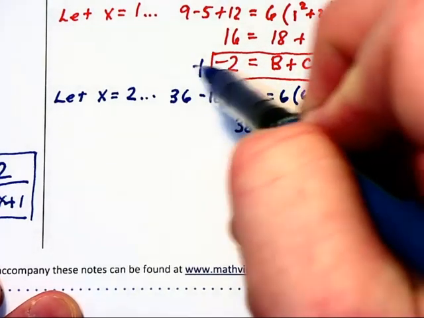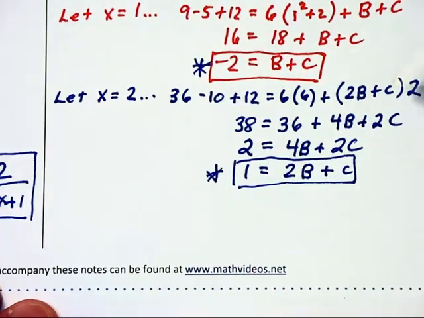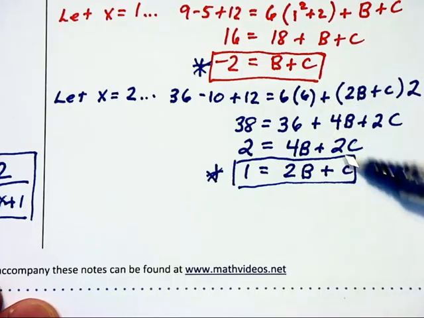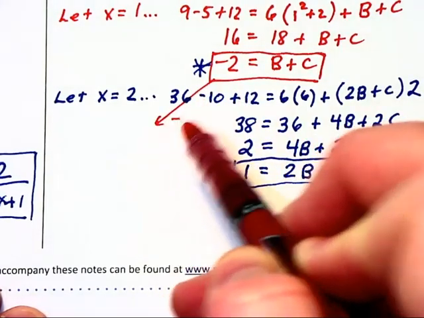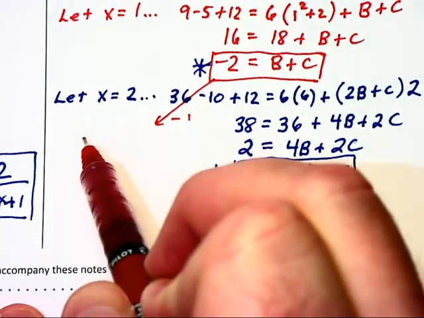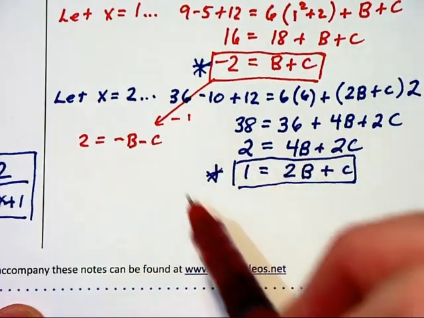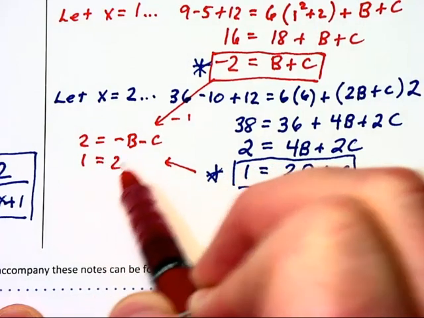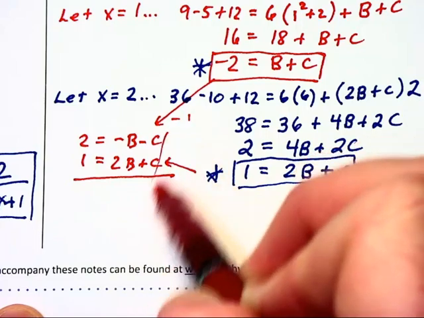If I can get these two equations together, maybe multiplying this red one by -1, I can cancel out the C's. So I'm going to take that one here, multiply by -1. That will give me 2 equals -B minus C. And just slide that equation over. 1 equals 2B plus C. Add down, the C's cancel.